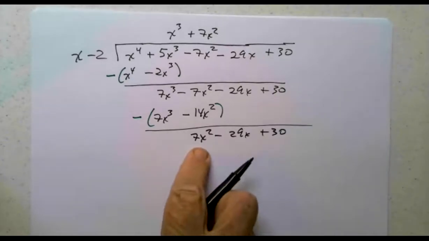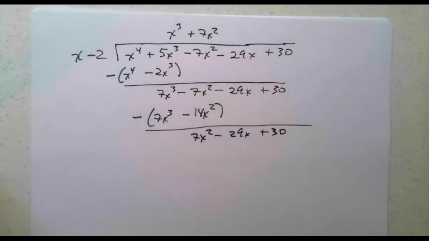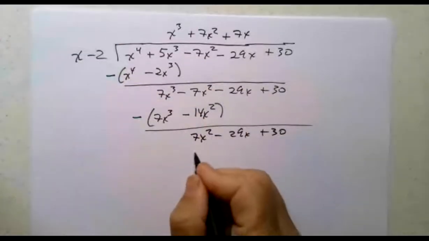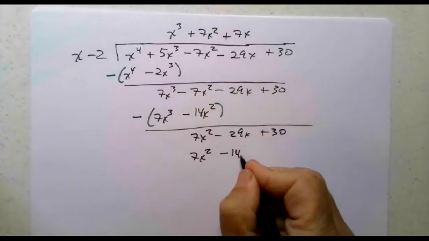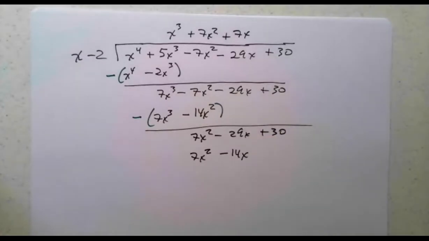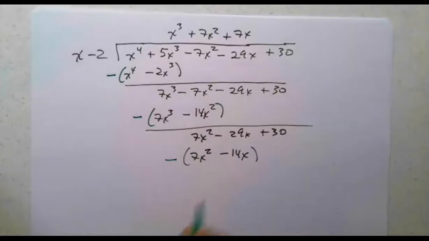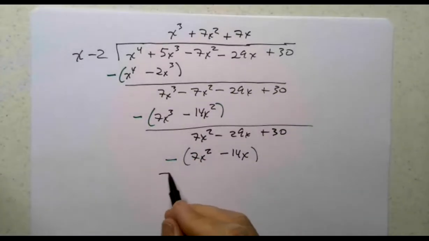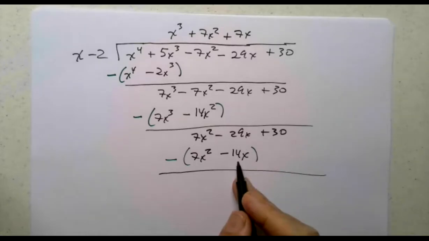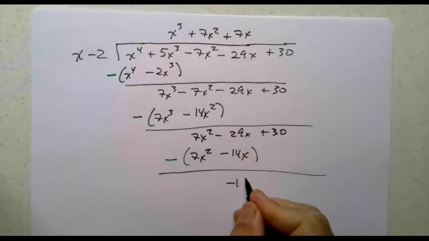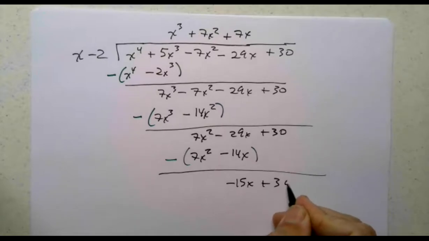We divide again. 7x squared divided by x is 7x. 7x times x, 7x squared. 7x times negative 2, negative 14x, and subtract again. 7x squared minus 7x squared goes away. Negative 29 minus negative 14 is negative 29 plus 14. So negative 29x plus 14x is negative 15x plus 30.